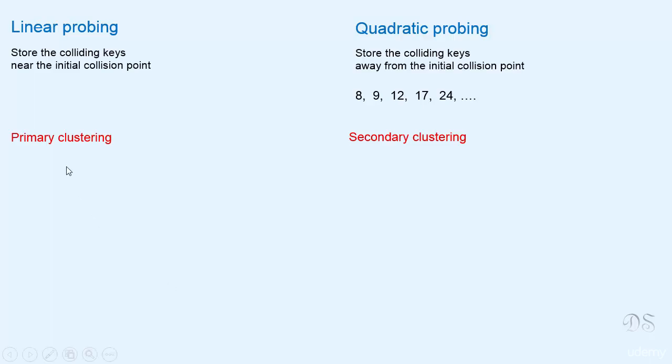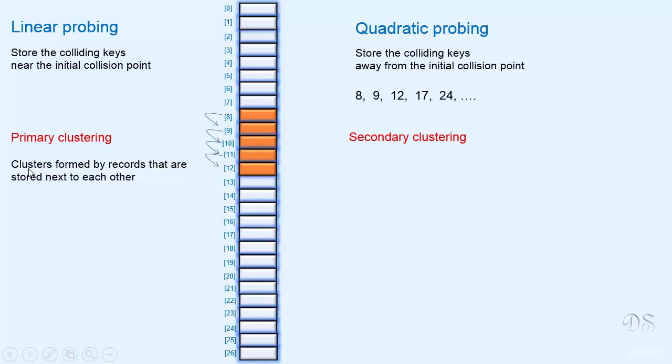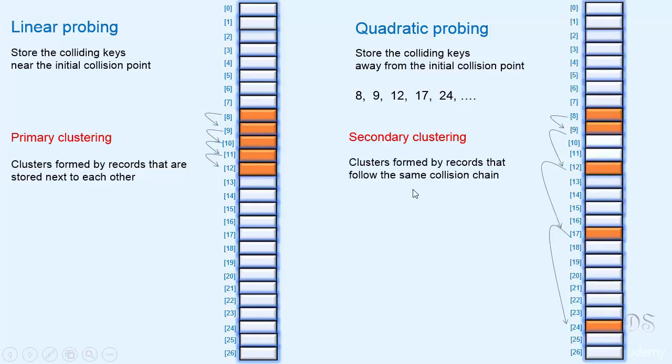In primary clustering, clusters were formed by records which are stored next to each other. In secondary clustering, clusters are formed by records that follow the same collision chain. So here we have this cluster. Now this secondary clustering problem is less severe than the primary clustering problem, because here two keys will have the same collision chain only if their initial hash address is the same.